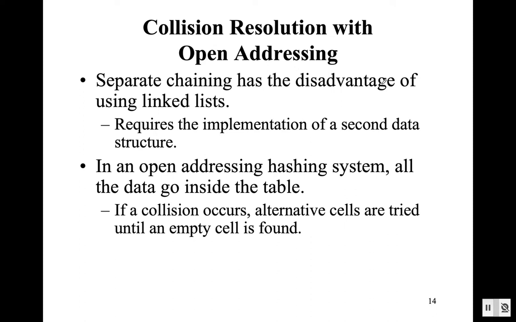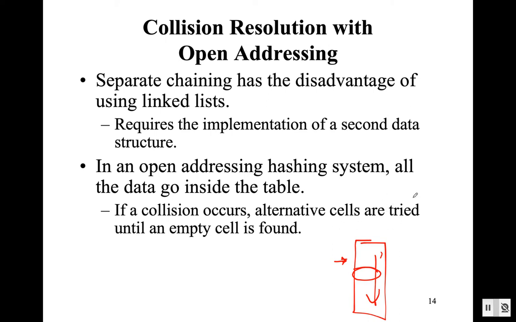In an open addressing hashing system, all the data goes inside the same table. If there is some collision, instead of using an additional data structure, we use the same table and find an alternate cell to store the data item.